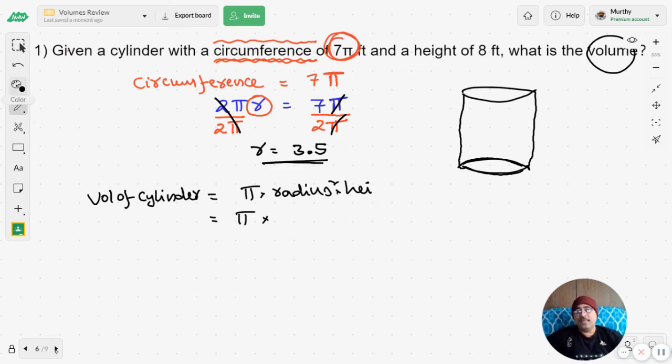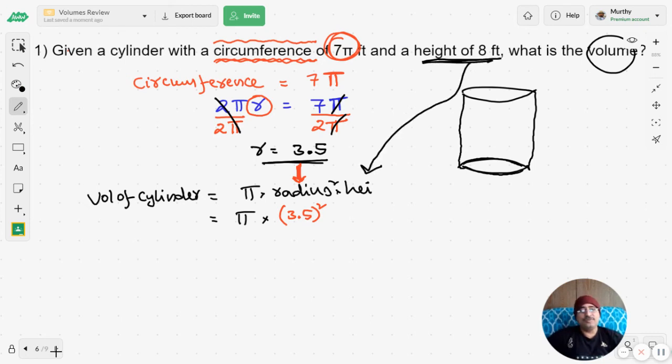Now this 3.5 may be taken in the place of the radius. Therefore you get pi times 3.5 square times the height, which is given as 8 feet.